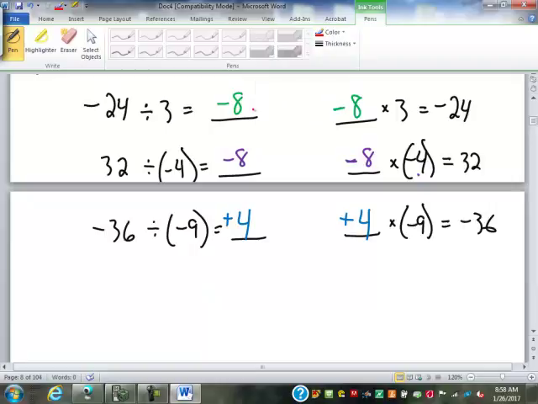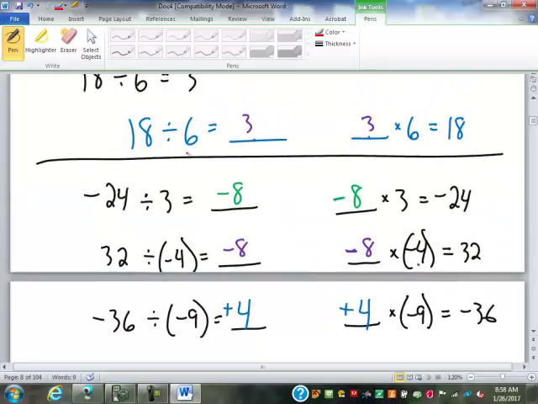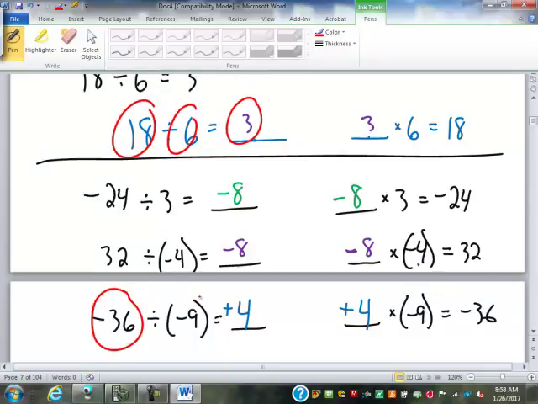So we look at what happened here. We get the exact same pattern we do with multiplication. A positive divided by a positive is, of course, positive, right? A negative divided by a negative is positive.